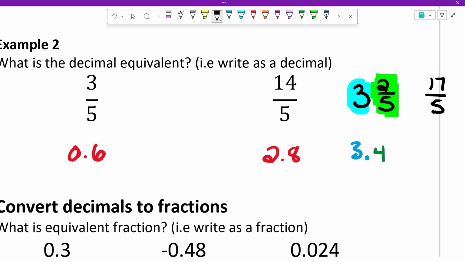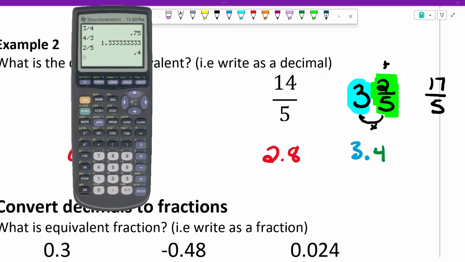Now if I go 17 divided by 5, I get 3.4. I get the same number.